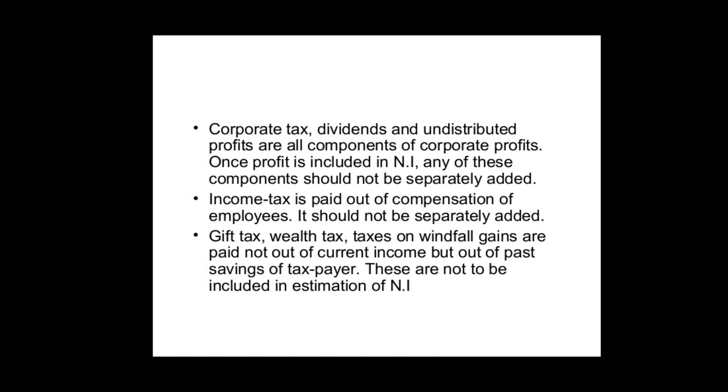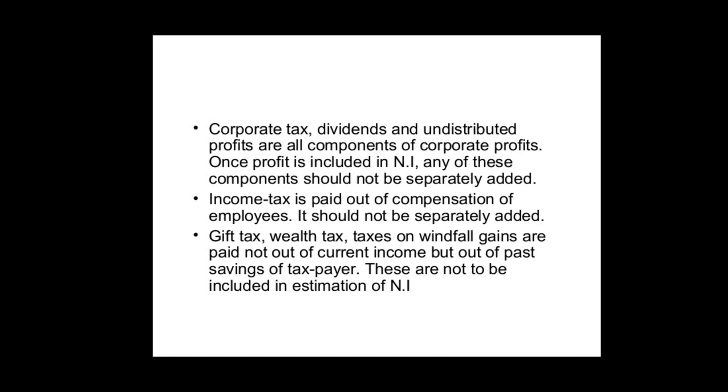Corporate tax, dividends, and undistributed profits are all components of corporate profits. Once profit is included in the calculation of national income, any of these components should not be separately added, as they are components of corporate profits, and profits have already been included in the estimation of national income.